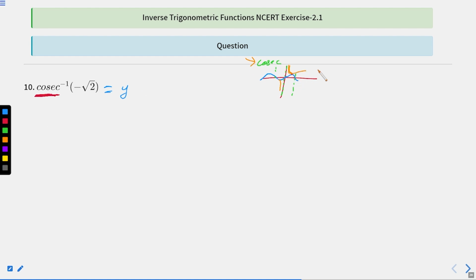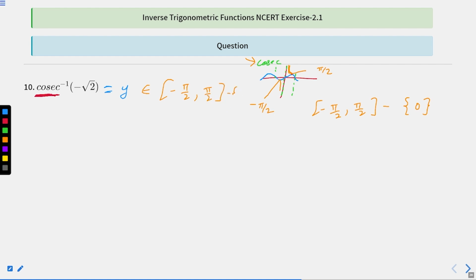You all know this is pi by 2 and this is minus pi by 2. So, the principal value branch will be minus pi by 2 to pi by 2, but 0 is not included. Why? As you can see, we cannot get cosec x as 0. Now, this means y must belong to this interval.